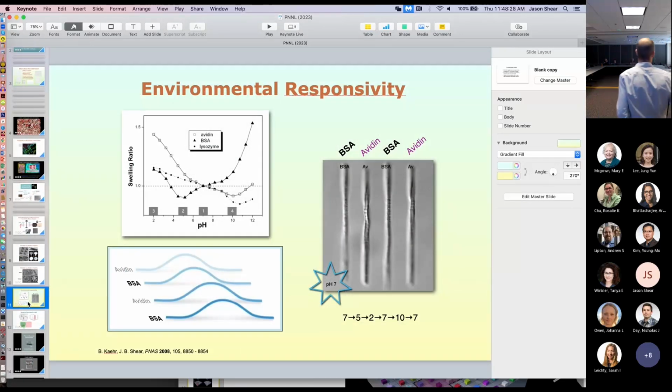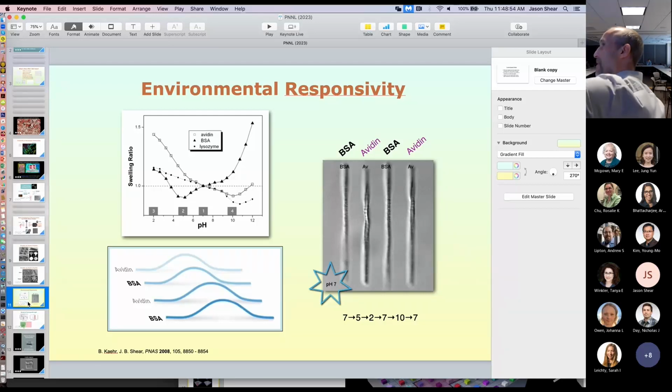Based on the type of protein you use, they're going to have various environmental responses. So in this case, we looked at 3 different proteins. BSA, our old standby, are the triangles. We also fabricated with avidin, those are the open squares, and with lysozyme, which are the circles.